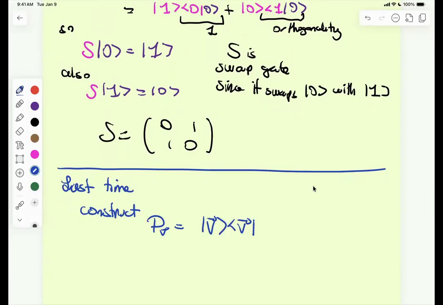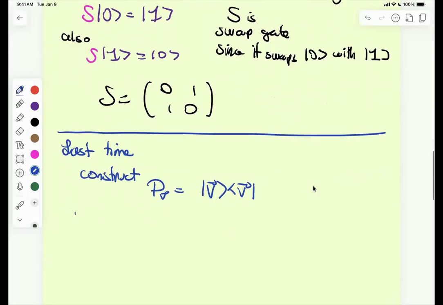It squares to itself, and it also happens to be symmetric. Therefore, it is an orthogonal projection.